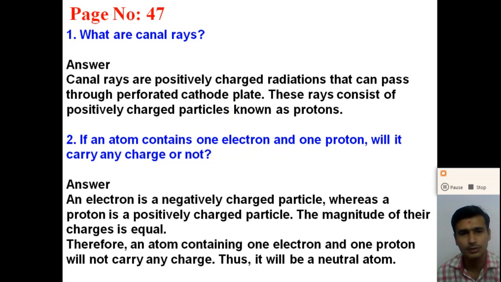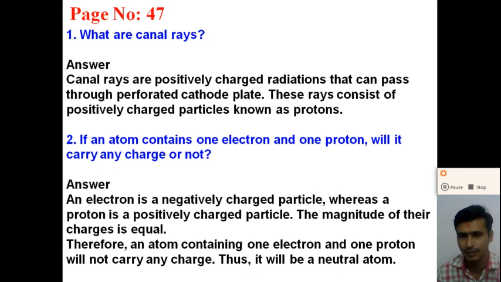Question number 2. If an atom contains one electron and one proton, will it carry any charge or not? Dear student, we know that the electron is a negatively charged particle and the proton is a positively charged particle. Now here, the atom contains one electron and one proton, right?